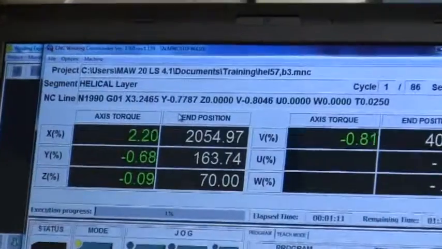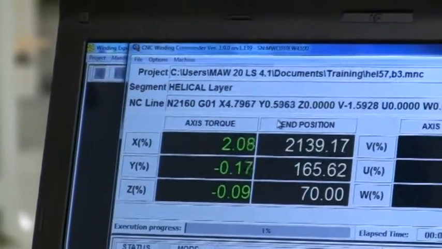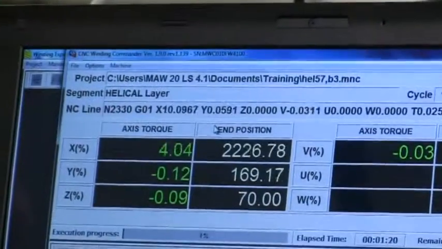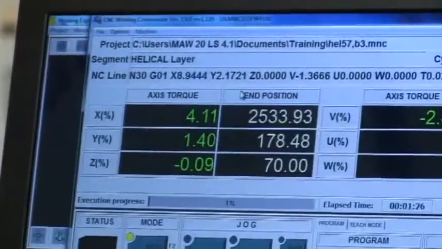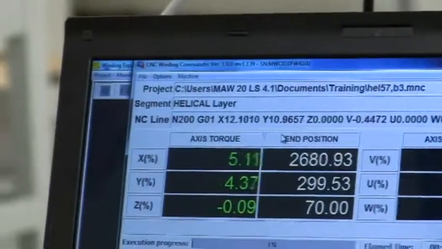The next option is that we can monitor the torque of each axis. So what is the torque? You guys know. Okay, the torque is actually the power capacity, the power usage of each engine.